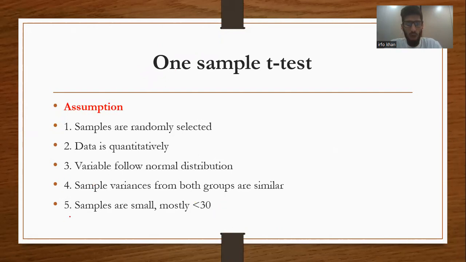These two are optional if you are using SPSS for analysis, but the first three are compulsory. But if you are using the formula for the one sample t-test, then all of these assumptions must be fulfilled before analyzing your data by one sample t-test.